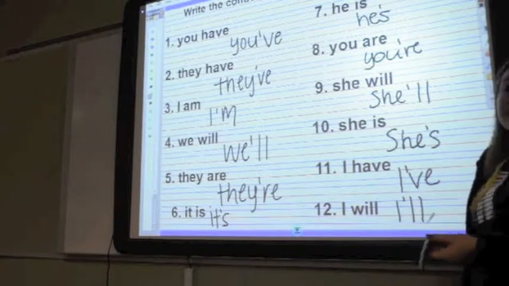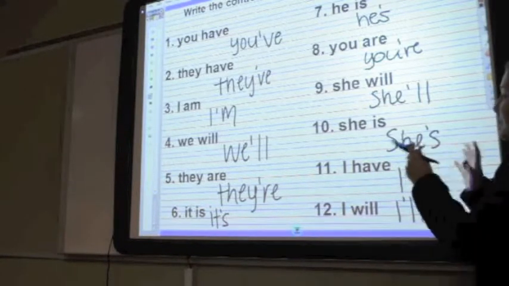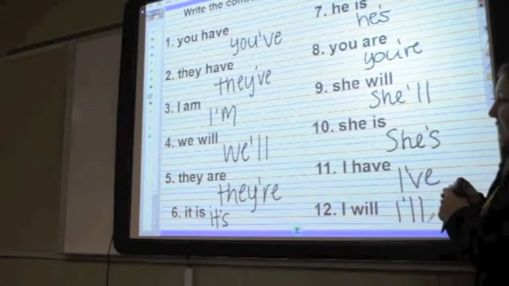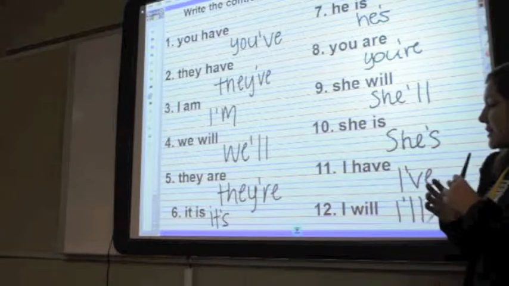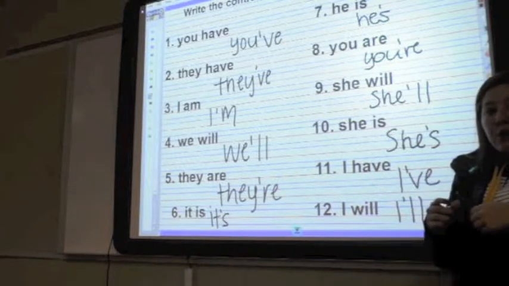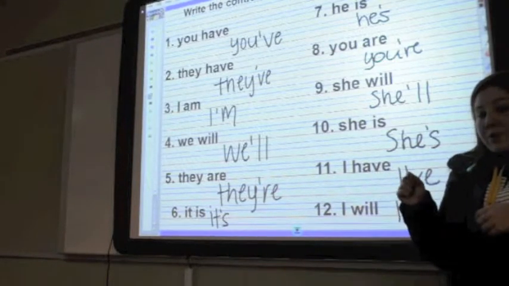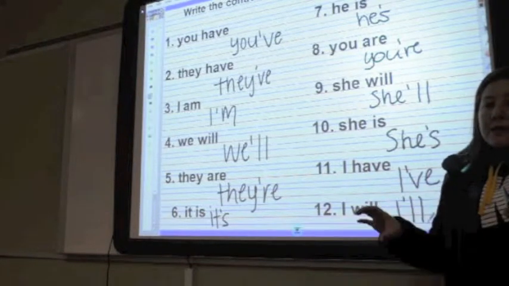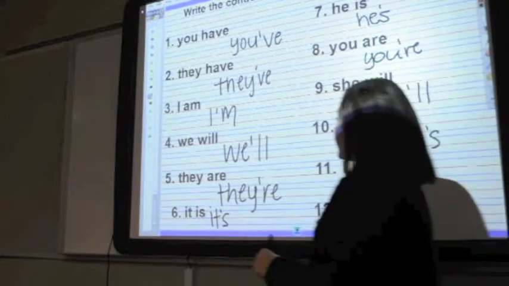So these are all things that we've seen before. We've seen them in both forms. We've seen them separated. We've seen them as contractions. But this is just to give us some more practice and to understand in our own writing, when we see two words apart, how we can connect them together, or when we see a word together, how we can read it clearer apart from each other.